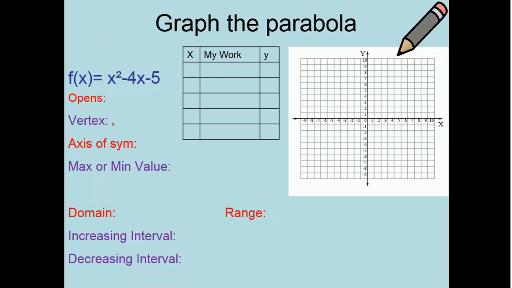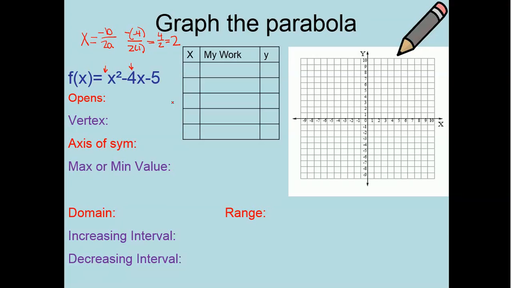So I know my vertex is x equals negative b over 2a. So b is negative 4 and a is 1, kind of like you were doing for the quadratic formula. If I plug in my values, that would be negative negative 4 all over 2 times 1, which would be 4 over 2, or 2, right?